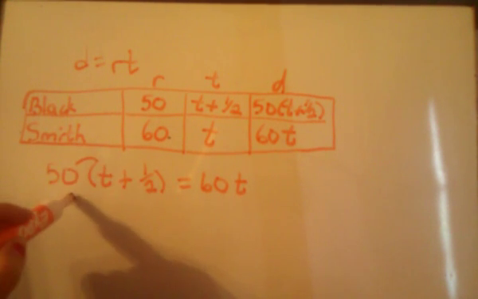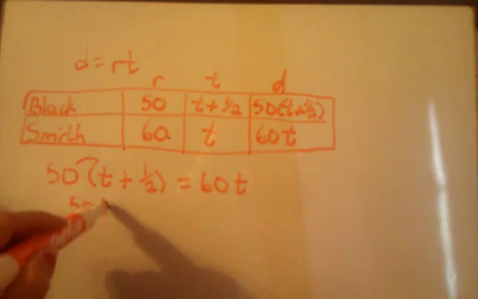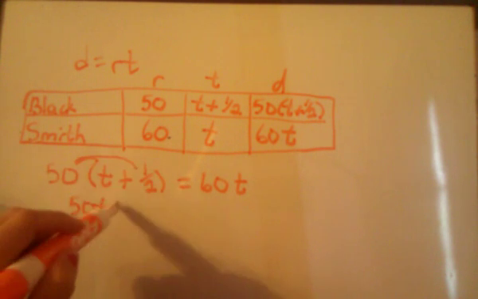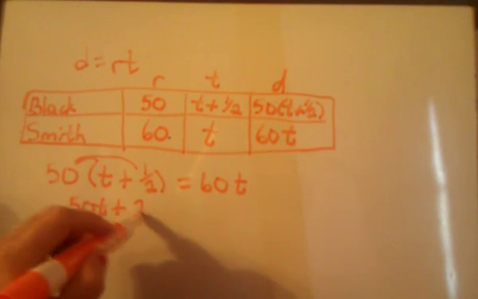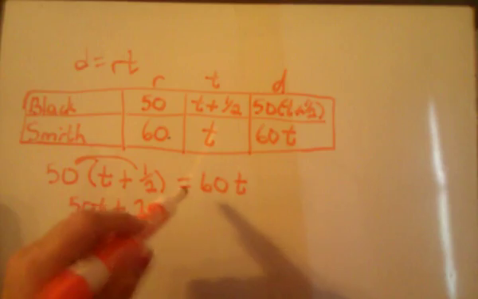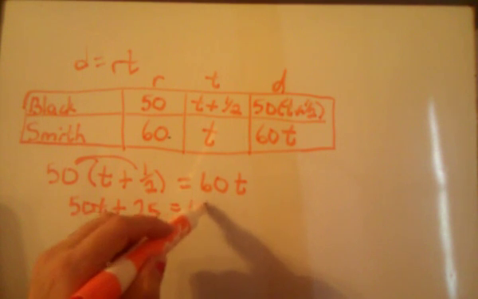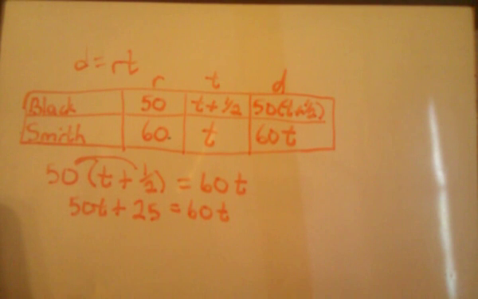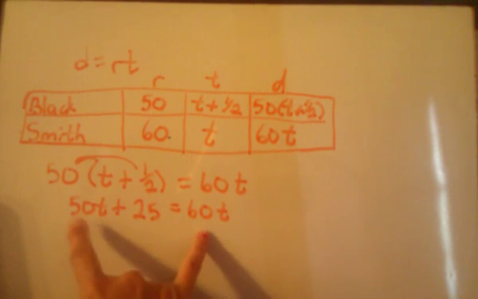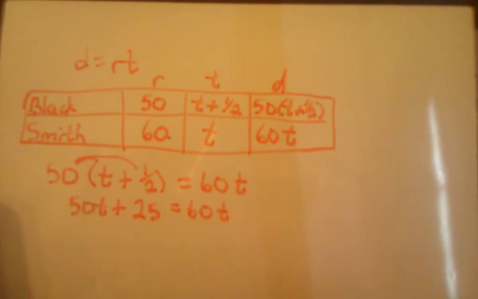Okay, so I have 50t plus, now remember we're multiplying. Half of 50 is 25. If you divide it by 2, you're going to get 25. Equals 60t. Okay, which terms are alike? These are, so I have to get rid of this one.